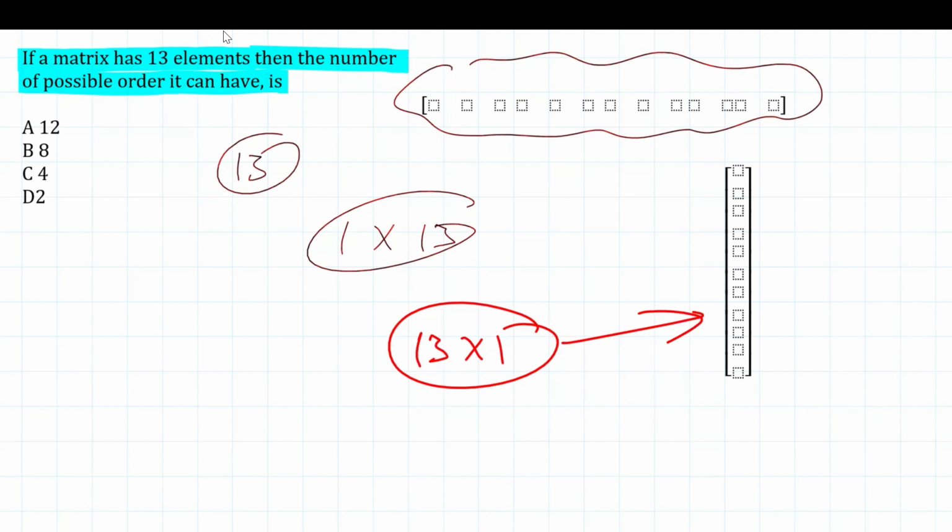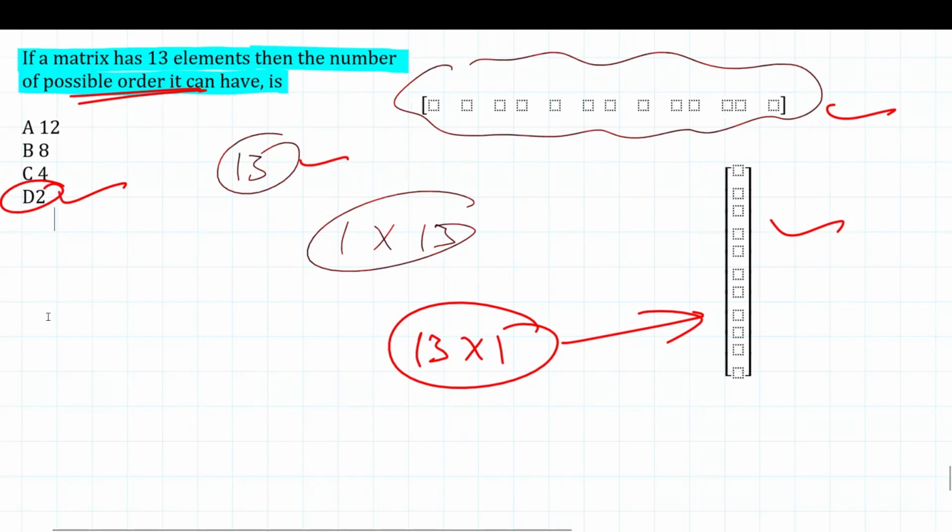So there are 1 and 2, these are the two possibilities. And there isn't any other way by which we can arrange 13 elements. So there are two possible ways. So if a matrix has 13 elements, then the number of possible orders is 2. So this is the correct answer.